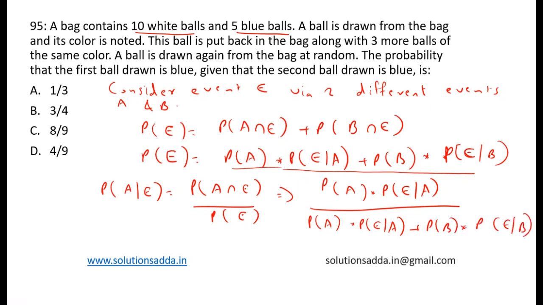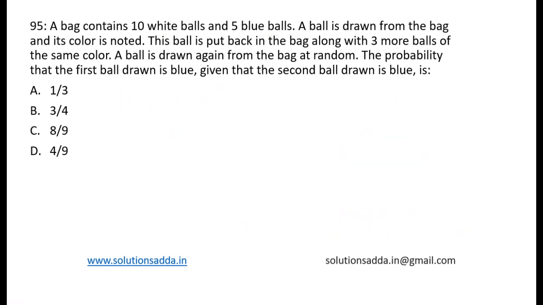Now this is the basic concept. Based on this, let's make the calculation. It is given that we have 10 white and 5 blue balls. Let event A be denoted as first blue ball withdrawal.